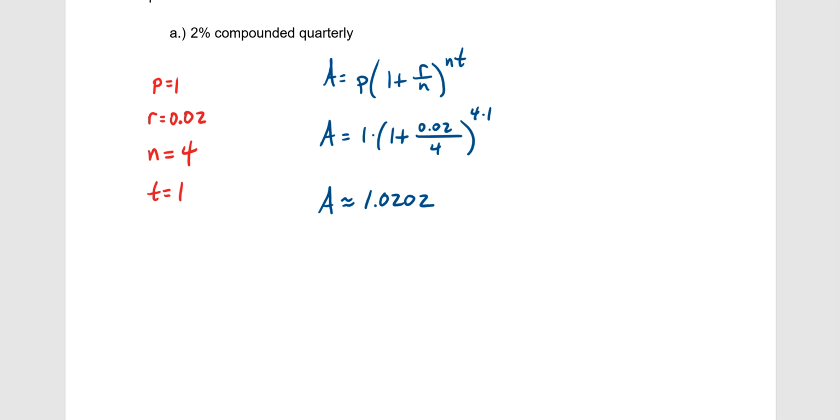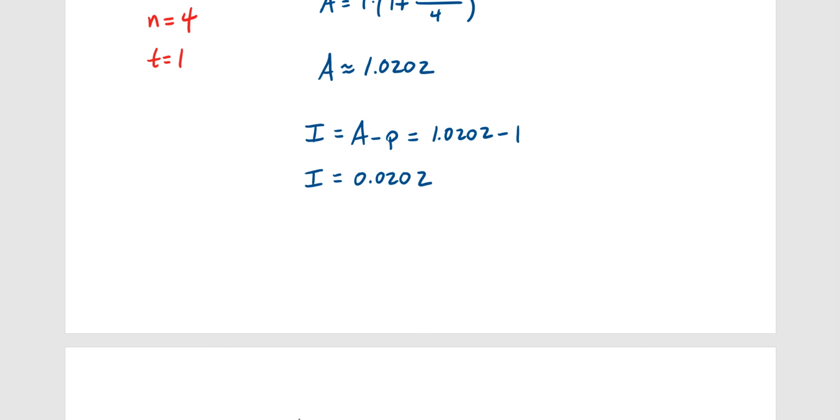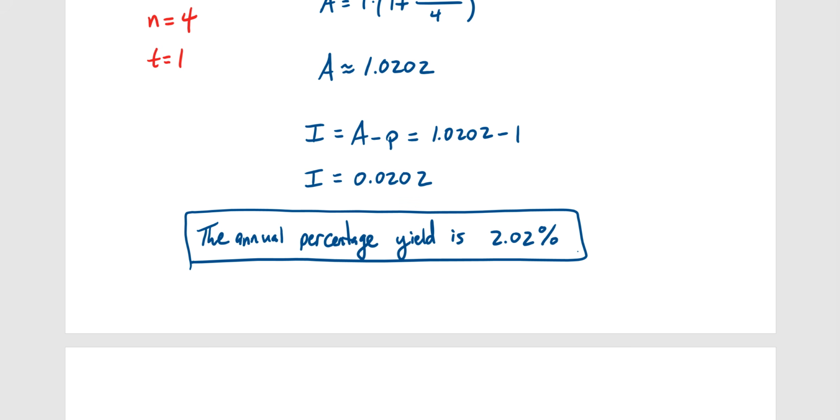I equals A minus P, so that is 1.0202 minus 1. And that gives us I equals 0.0202. And let's go ahead and write this as a percent. We get 2.02% when you move the decimal to the right 2, creating a percent.